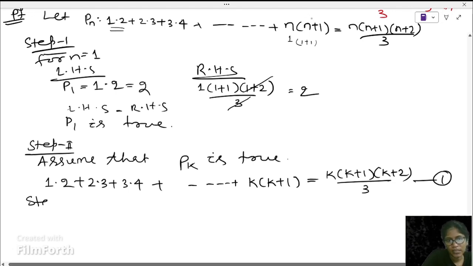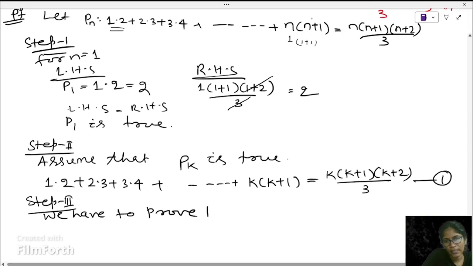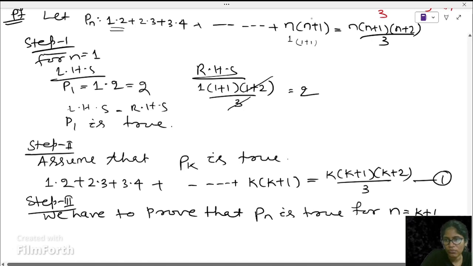By step 3, we have to prove that Pn is true for n is equal to k plus 1. That means Pk plus 1 is true.